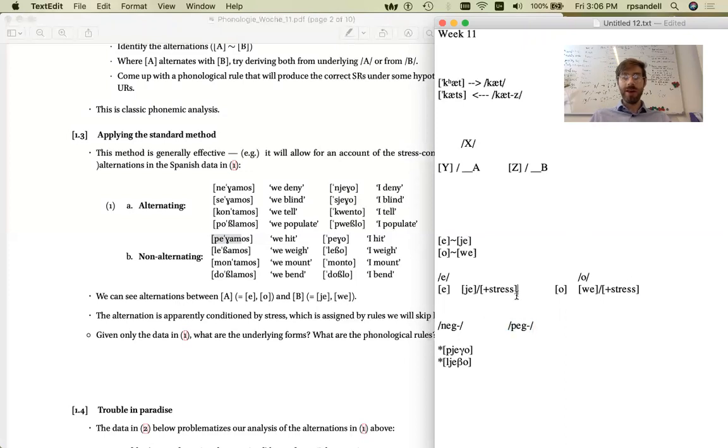But if we apply a rule of diphthongization, so let's say that we're going to have the first singular form with o, let's apply a rule of stress assignment. We won't worry about exactly how stress is assigned in Spanish, but the stress will then occur on the first syllable. So now thus far, these forms look identical in our derivation.